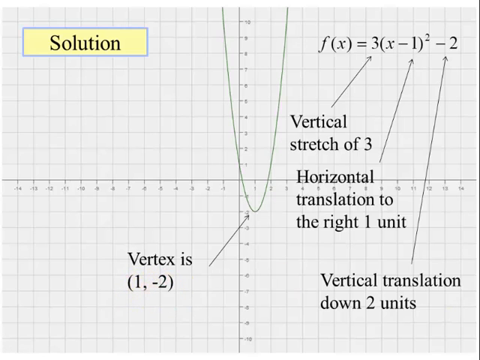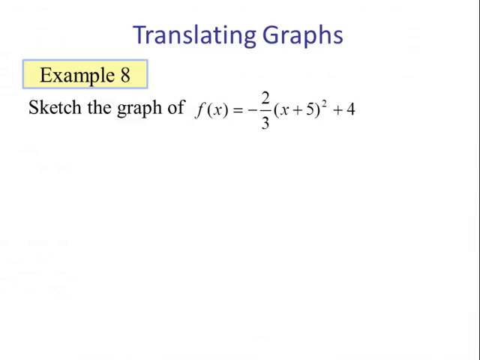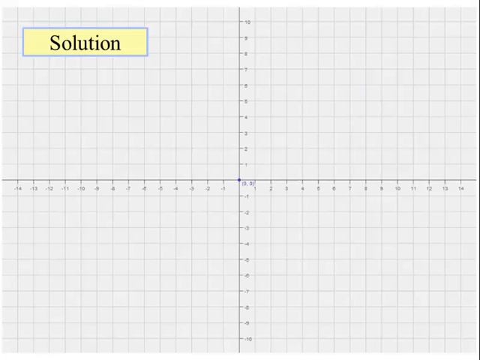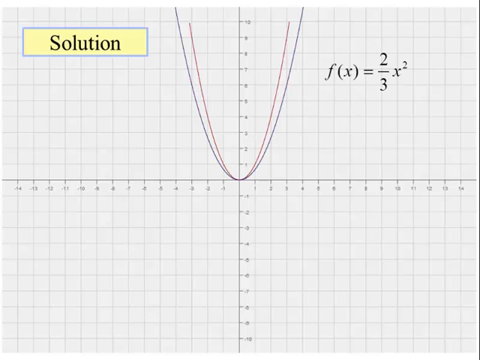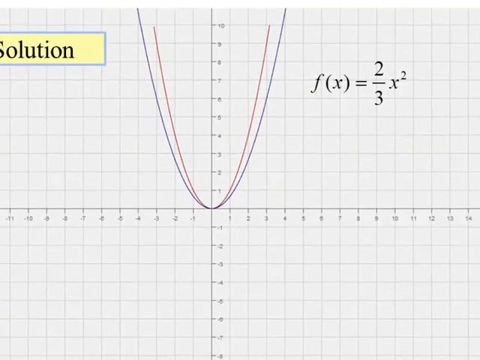Let's do another example. Example 8. Sketch the graph of f of x equals negative 2/3 times x plus 5 quantity squared plus 4. In this case, a is a negative 2/3, h is a negative 5, and k is 4. Solution. We first begin with our x squared, our basic quadratic. Next we want to do a x squared, and a is 2/3 in this case.